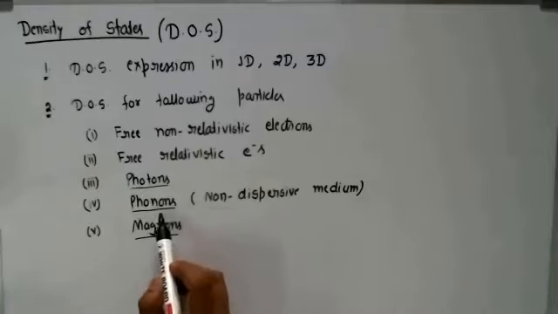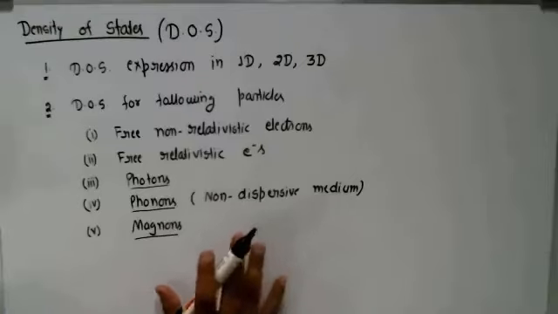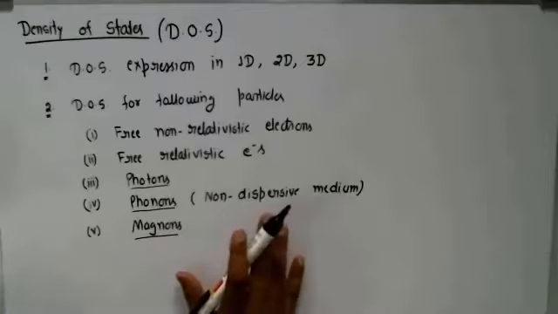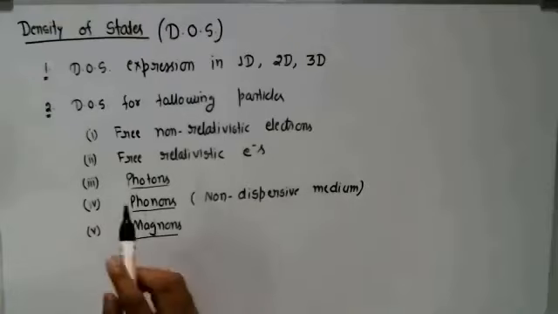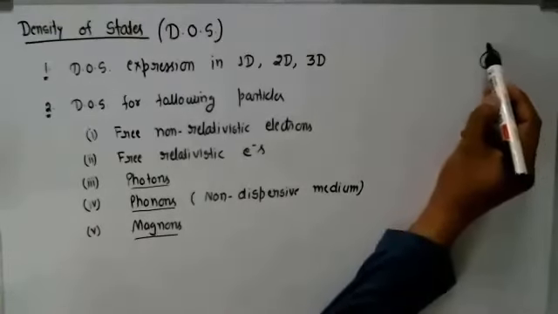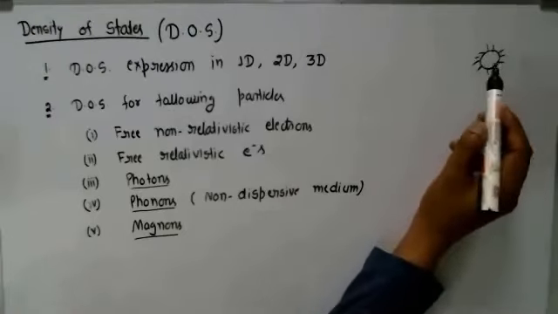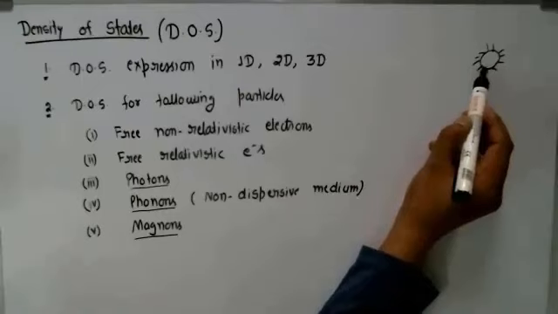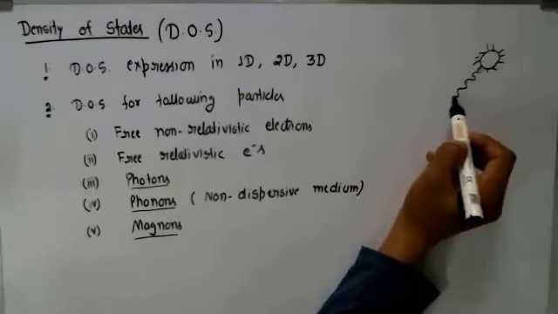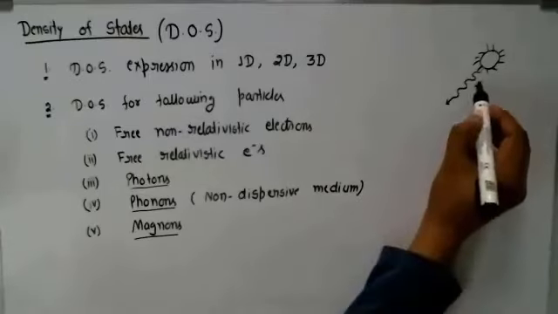So remember one thing: when a wave propagates, the wave always carries energy. For example, in the case of photons, take the case of the sun. Inside the sun, because of nuclear reactions, a huge amount of energy is produced, and this energy is carried away with the help of EM waves.